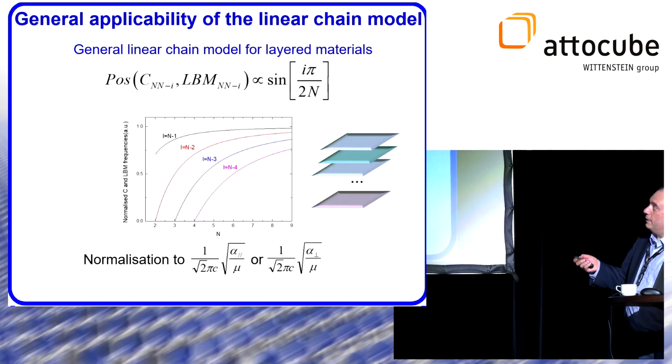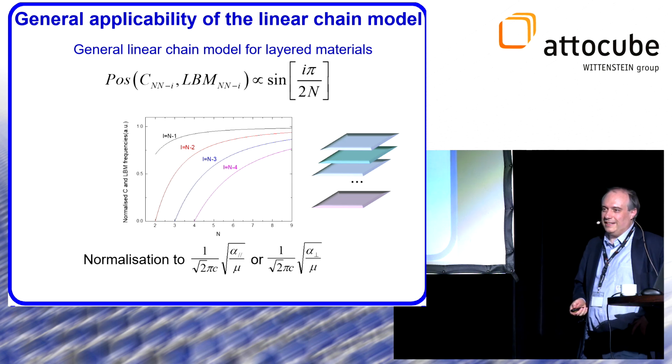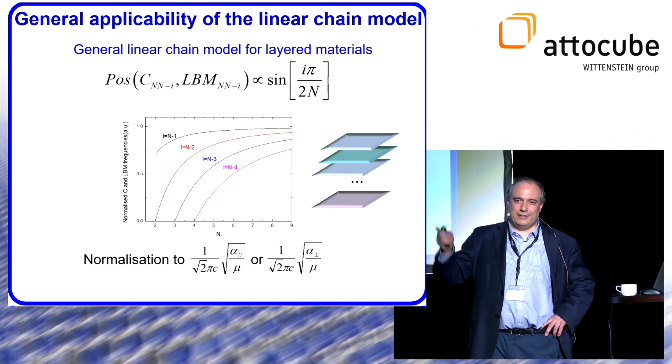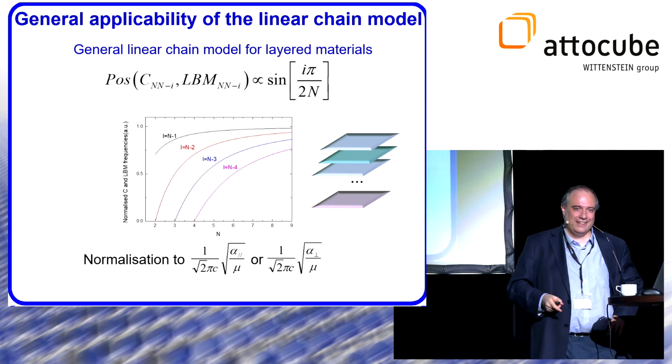And there is the simplest equation in the world that describes the position of any mode in any 2D material: sine of i pi divided by 2n. I had a question from a theoretician telling me why there is an imaginary constant there. No, i is a number that goes from 1 to n minus 1, it is not the imaginary constant.